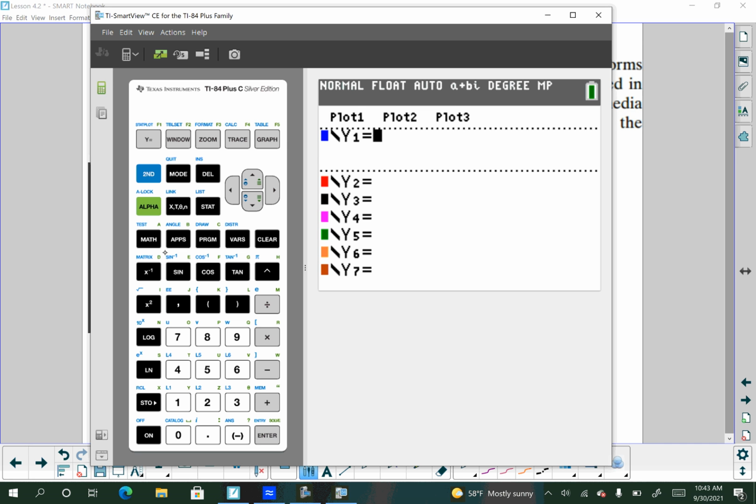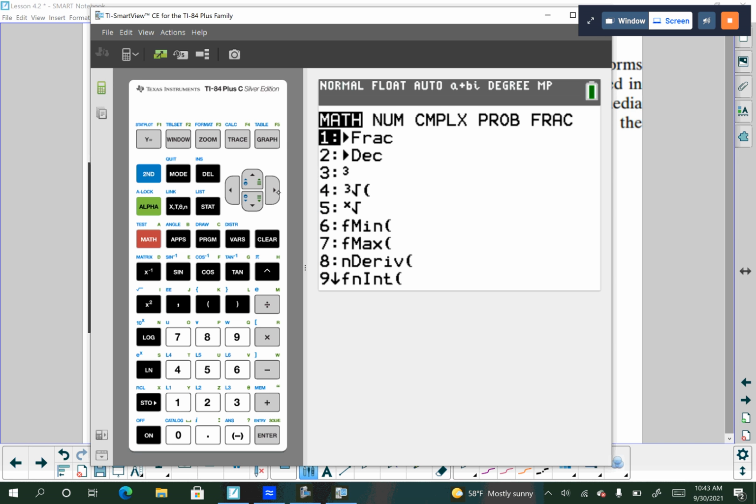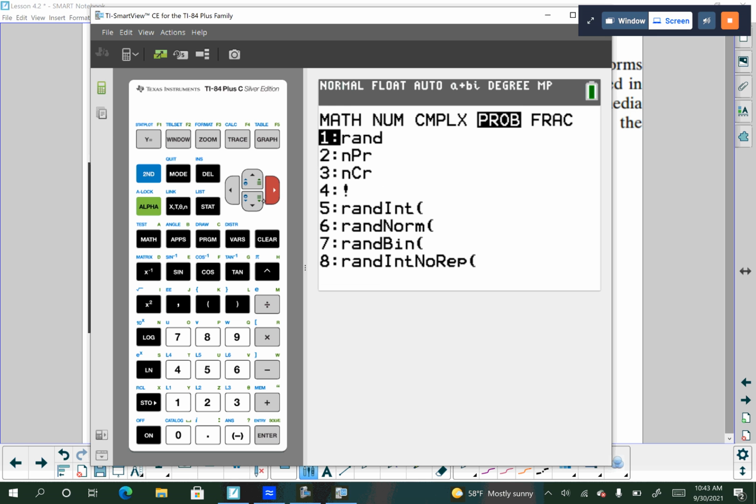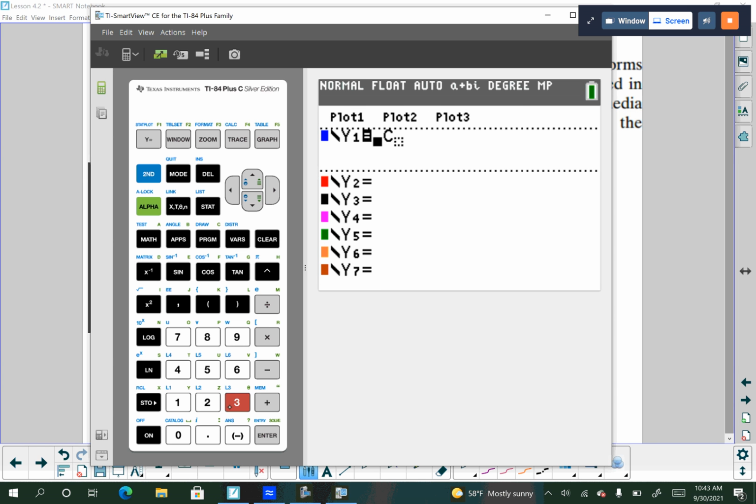Okay, so first I need to bring up my combination. So I'm going to go into math, probability, number 3. It'll show up in my y equals now. So it's 6 choose the number of successes, which is x. That number is going to vary. Okay. Then the probability of success, 0.68, and that is always to the x power.